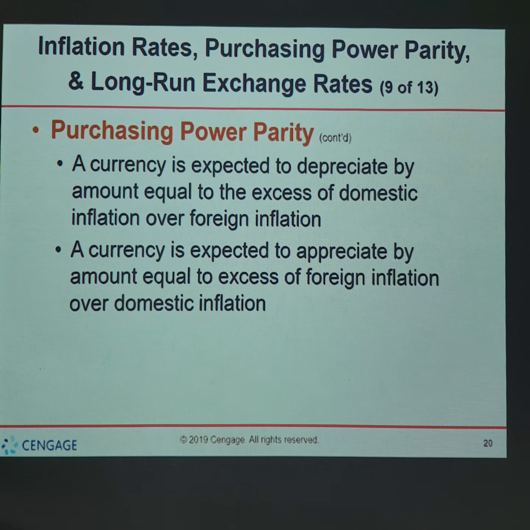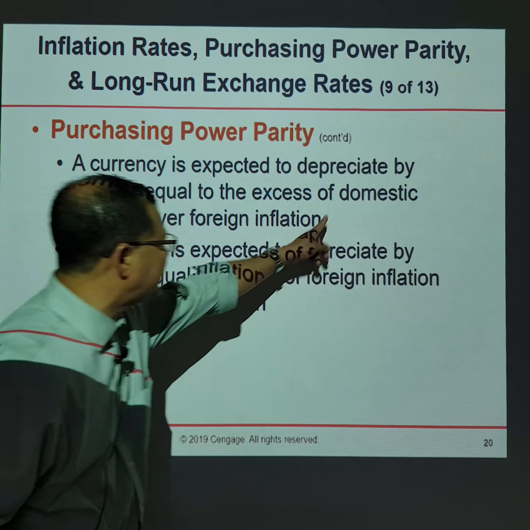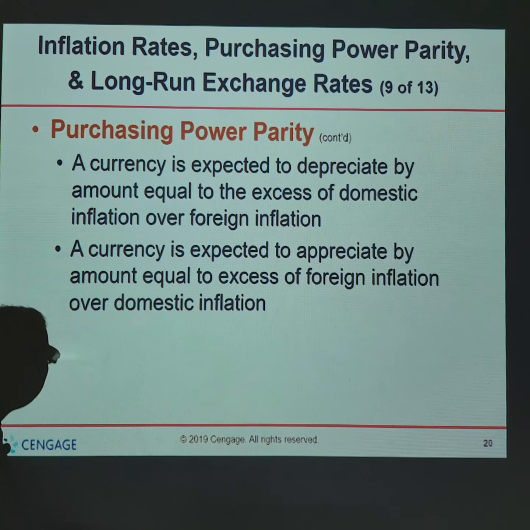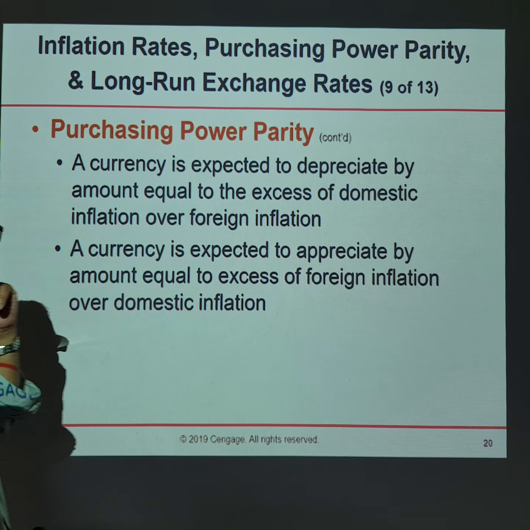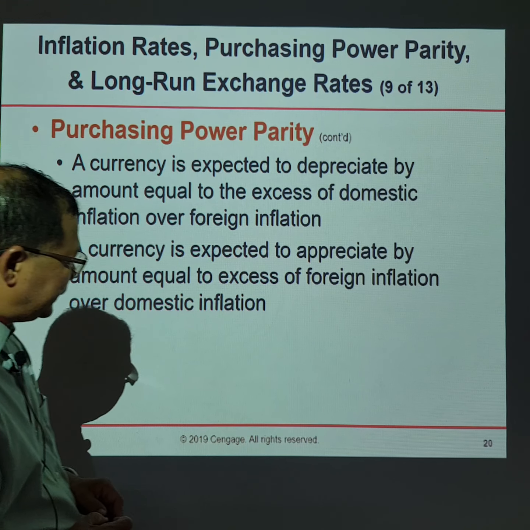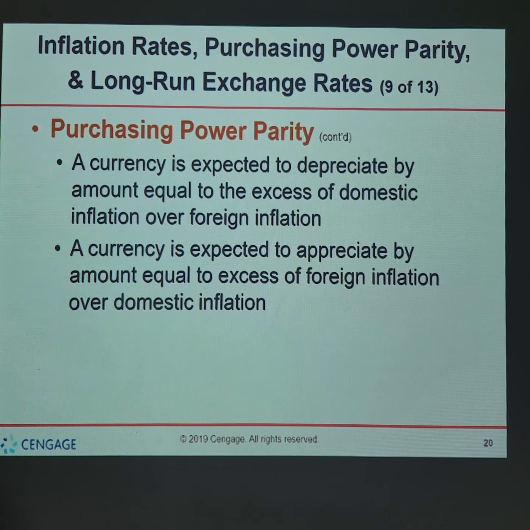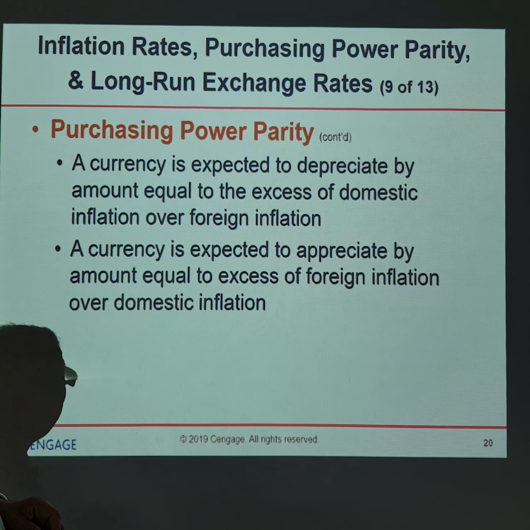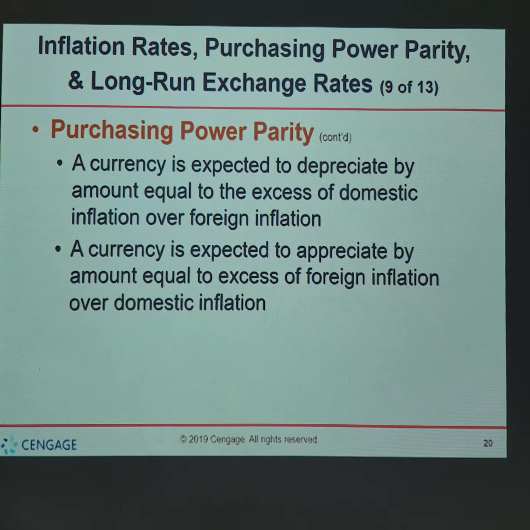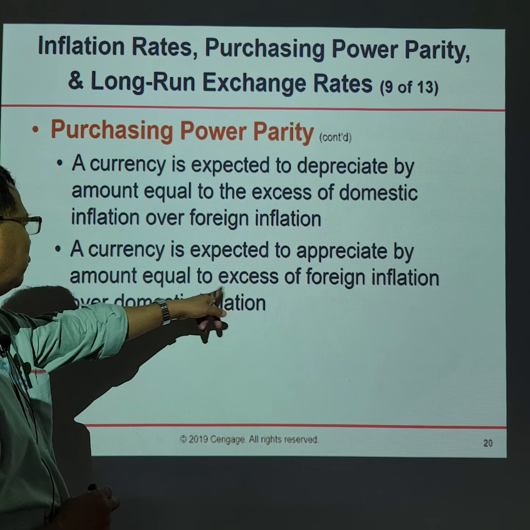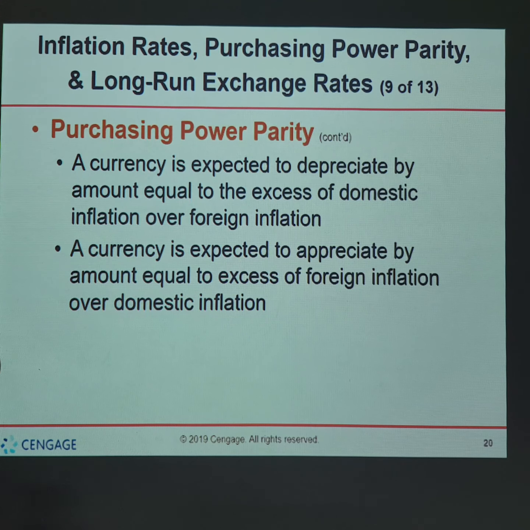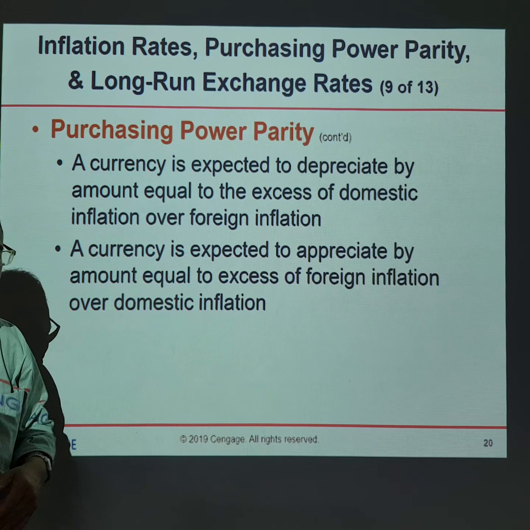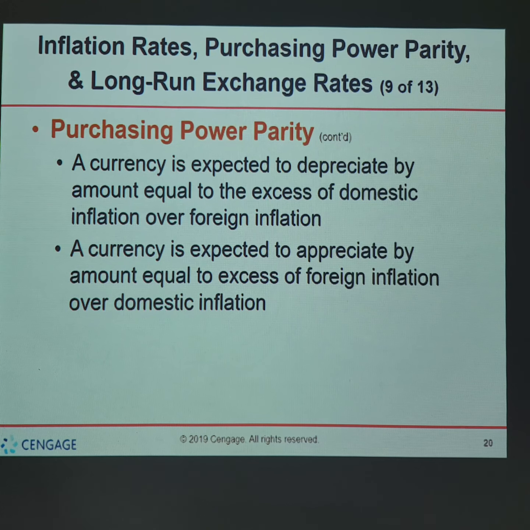A currency is expected to depreciate by an amount equal to the excess of domestic inflation over foreign inflation, just like we've seen just now. A currency is expected to appreciate by an amount equal to the excess of foreign inflation over domestic inflation. If domestic inflation is lower than foreign inflation, it's going to be appreciating.